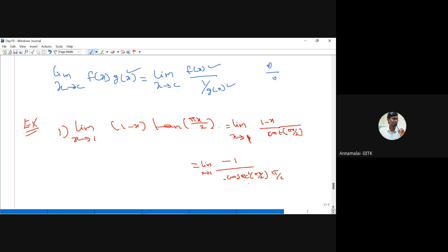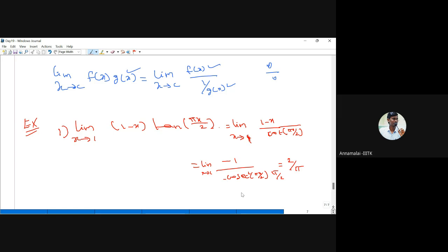Now substitute as x approaches 1, the minus signs cancel, you get a 1, therefore you get 2 by pi. Because cosecant square is 1 by sine square, and sine pi by 2 is 1, therefore you will get 2 by pi.